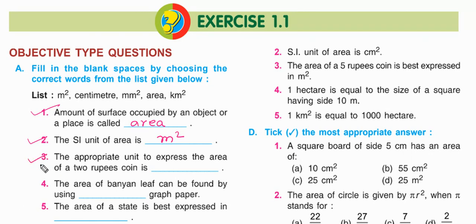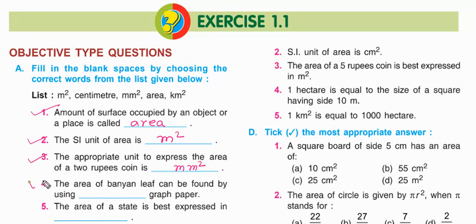Now, children, question number three. The appropriate unit to express the area of a 2 rupee coin is, beta, 2 rupee coin is a smaller one. So, its area would be represented in millimeter square.